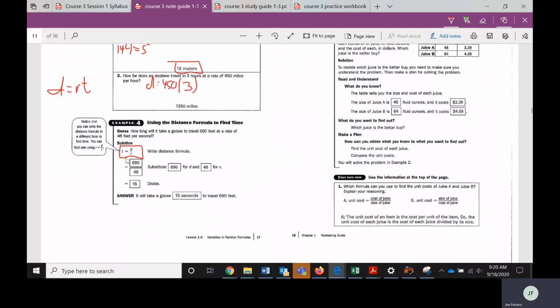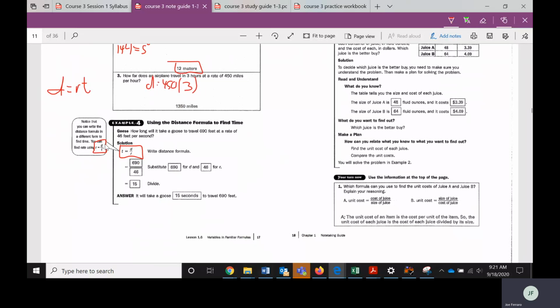Time equals distance divided by rate. If you need to find a rate given distance and time, it would be this. So like an example for this one, if they said you went 180 miles in 3 hours, how fast were you driving on average?